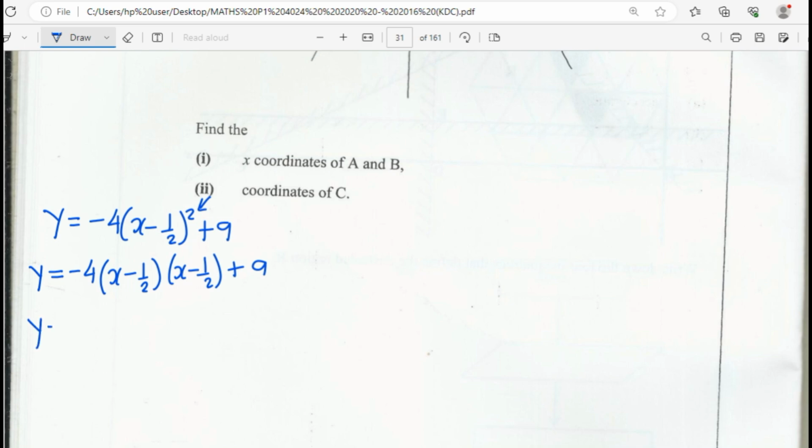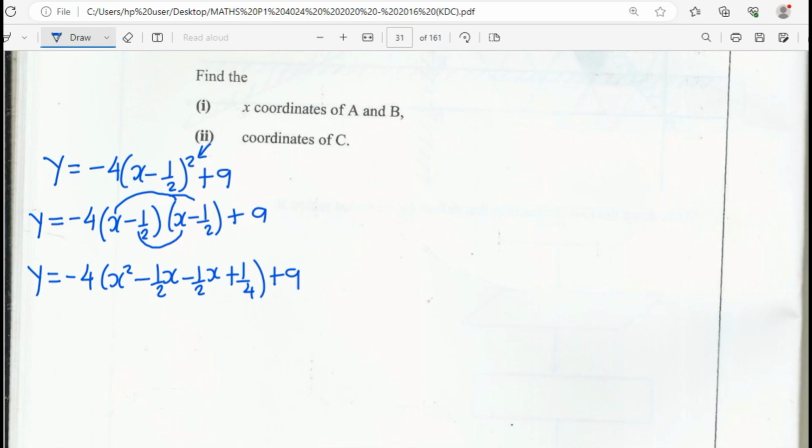Using algebra: x times x gives x squared. Then x times -half gives -half x. Then -half times x is -half x. -half times -half gives 1/4, plus 9.